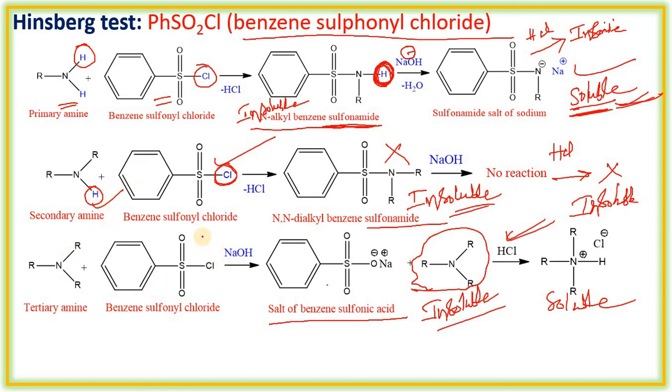Suppose when you treat with Hinsberg reagent and sodium hydroxide, there is a formation of insoluble, and after treating with HCl, it is soluble, then it will be tertiary. So you can easily distinguish primary, secondary, tertiary by using Hinsberg test.